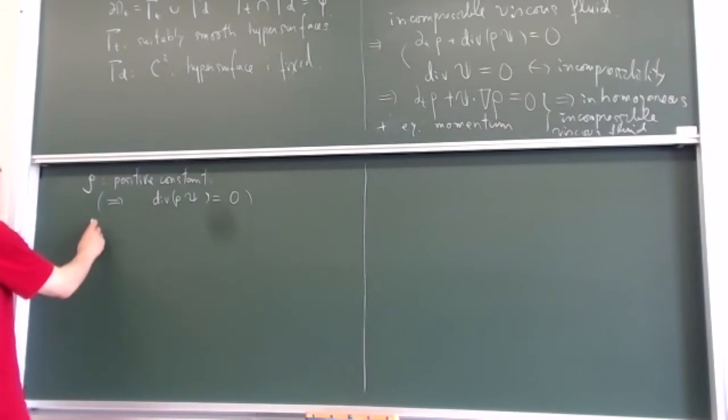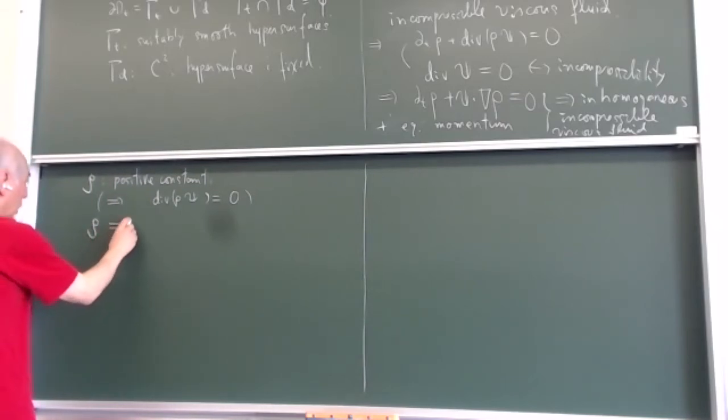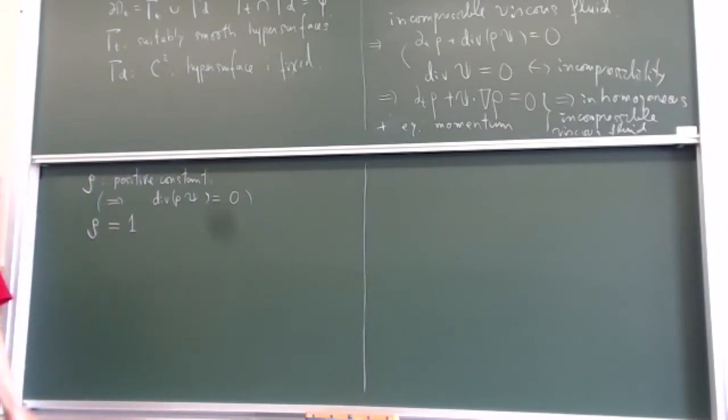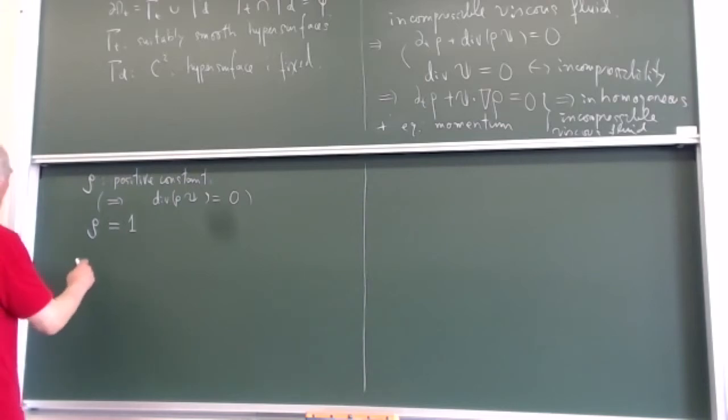Then for simplicity, we may assume that rho equals 1, unit density. Therefore, the problem I consider in this lecture is the following.